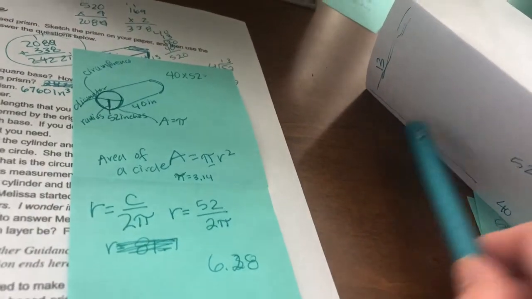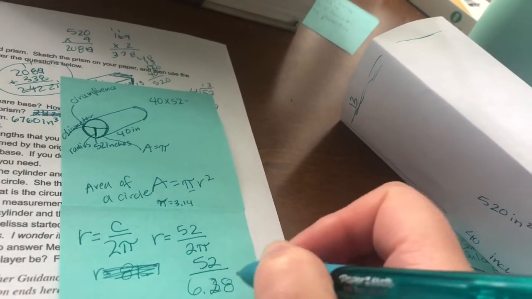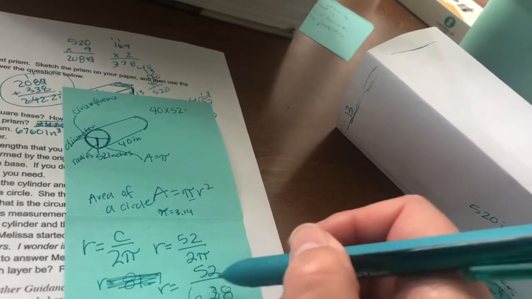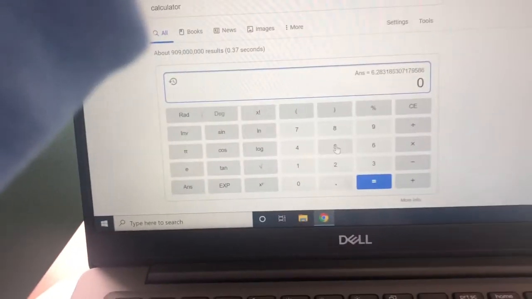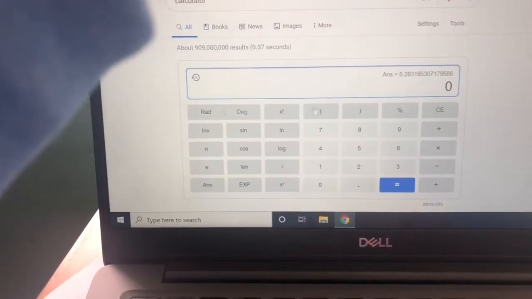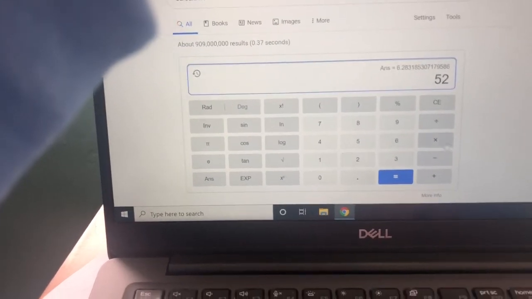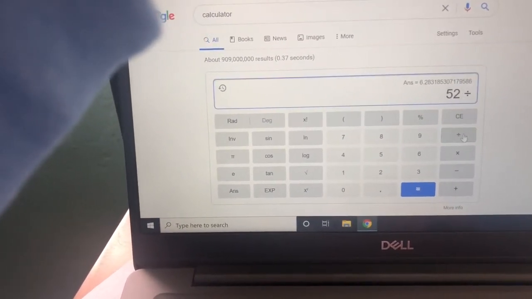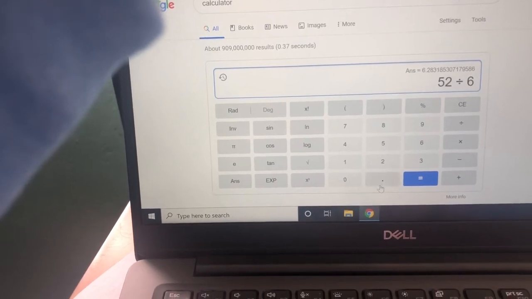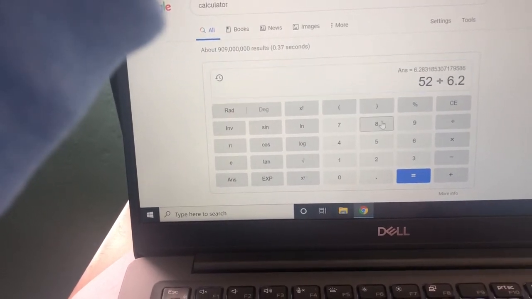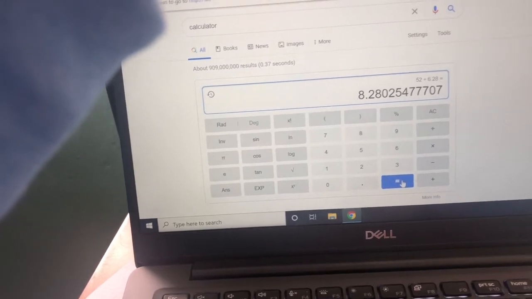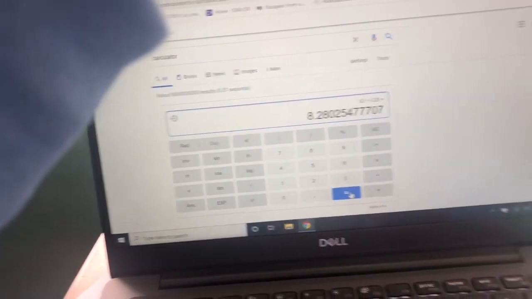So now, 52 divided by 6.28, using my calculator, equals 8.280. So I'm going to write that down. I'm going to set this down.